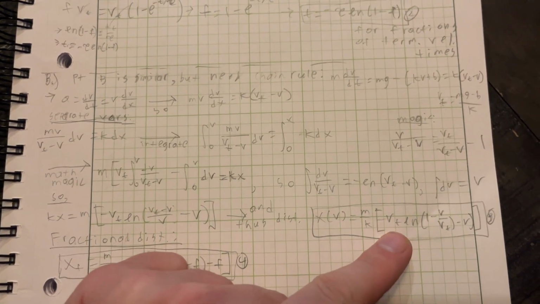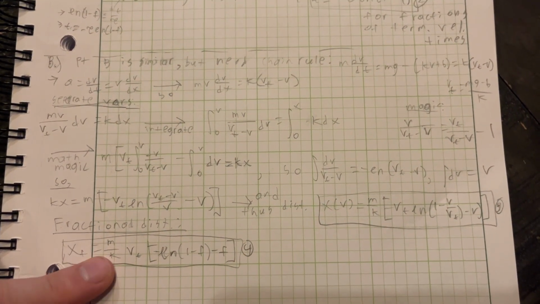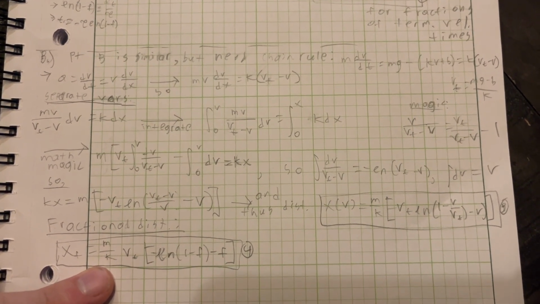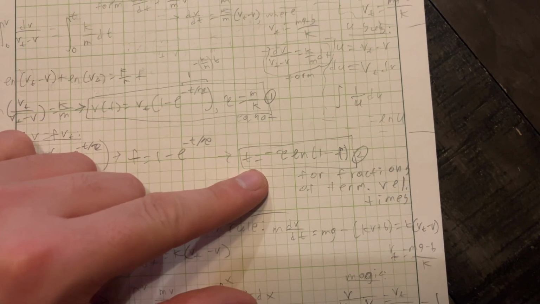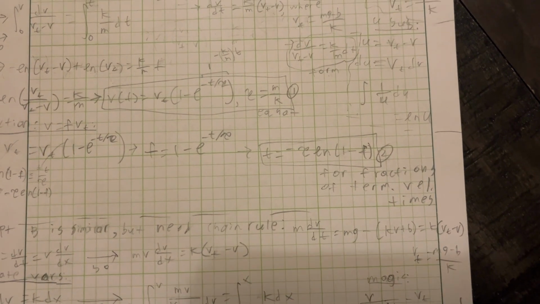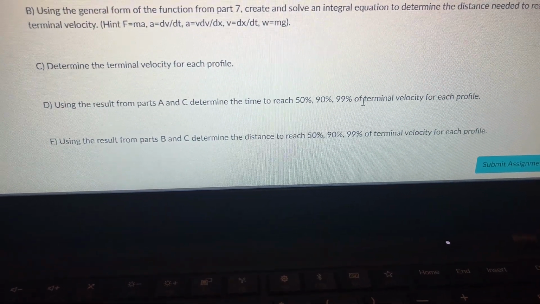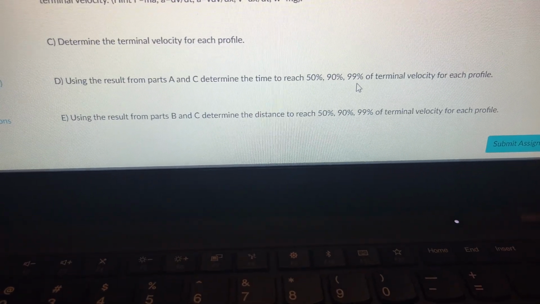You could see my function for position here, and then there's a fractional version of these equations, and there's one for time here as well, so that we could do steps D and E, which are requiring the time to reach 50%, 90%, and 99% of terminal velocity. And part D is for time, and part E is for distance.